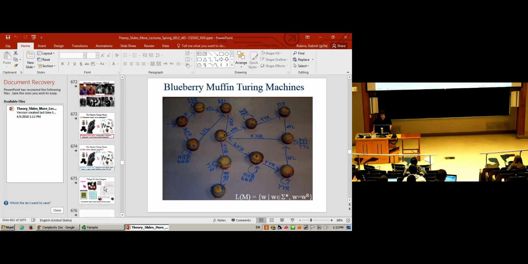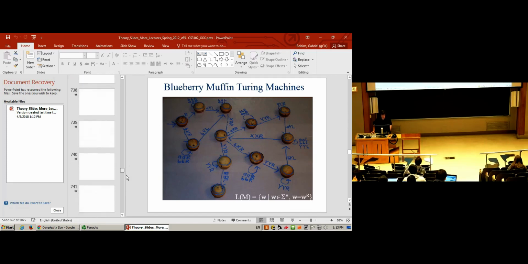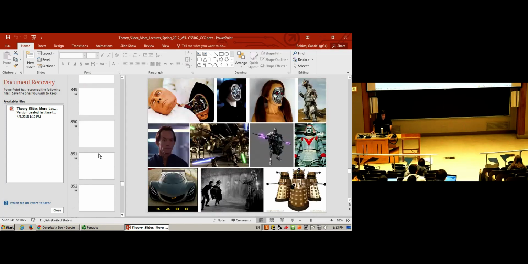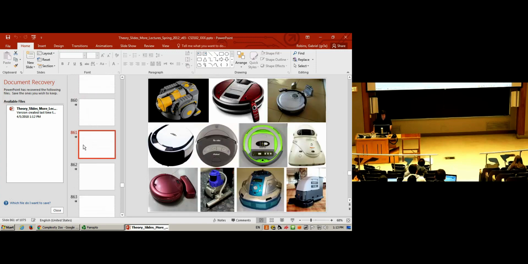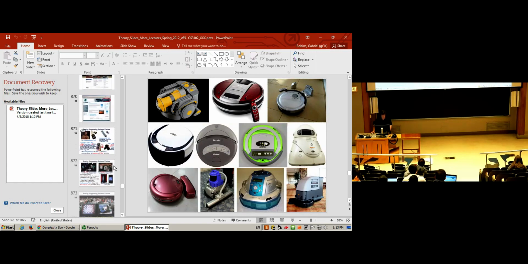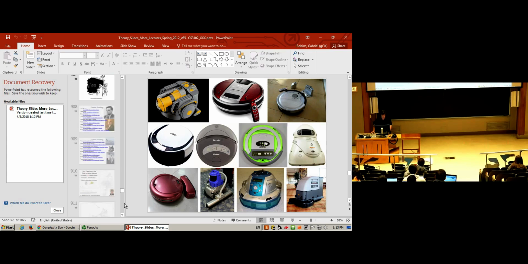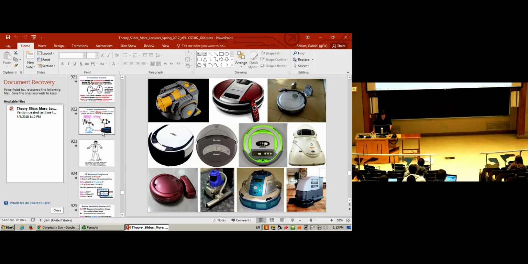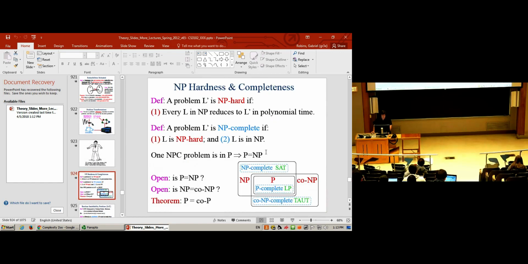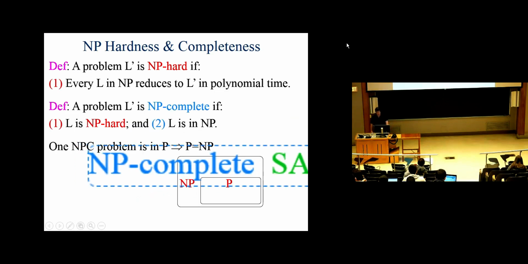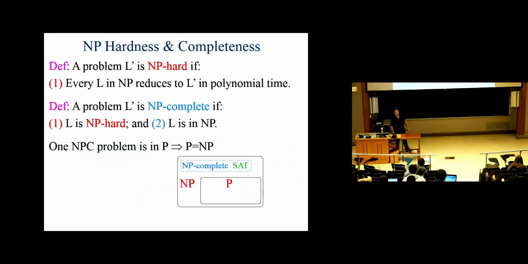Oh, there's a Blueberry Muffin Turing machine. How about that? Oh, and there's a Roomba. I got one of those. Bear with me here. Ah, here we go. All right, any other questions? I'm afraid to take another one of your questions. Look at what happened the last time. Okay, but let's go ahead.